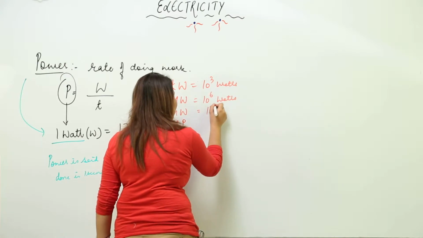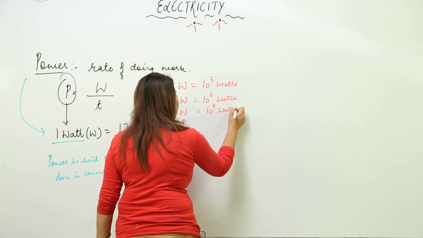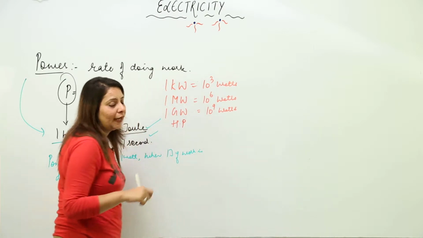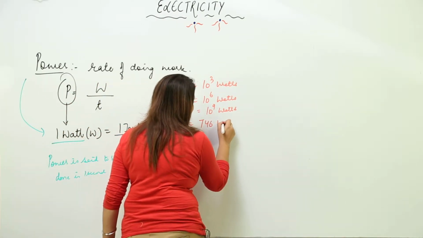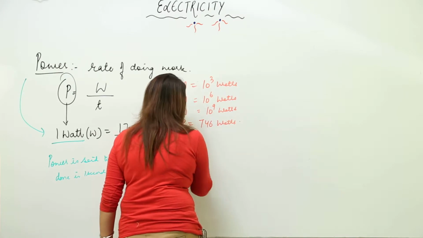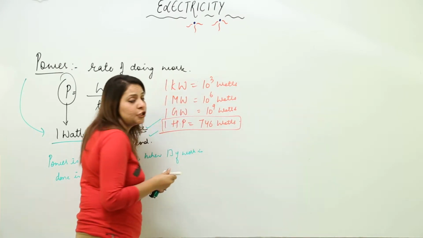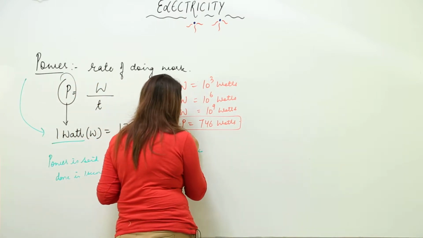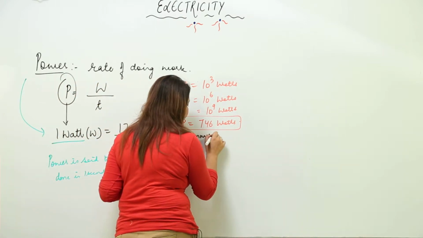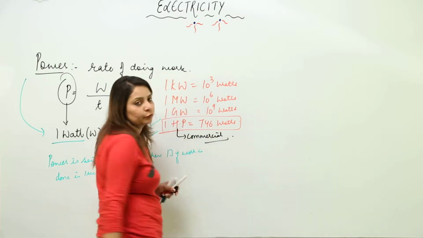Giga means 9, so 1 gigawatt is equal to 10 raised to power 9 watts. And 1 horsepower is equal to 746 watts. If somebody asks you about the commercial unit of power, the SI unit is watt, but the commercial unit is horsepower.